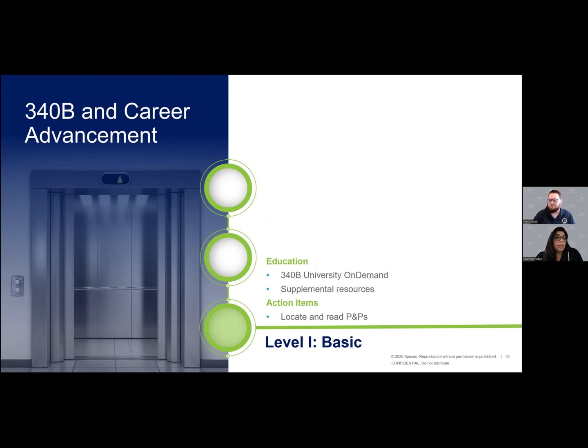Our 340B University on Demand is the biggest resource for intro level, but we also have several pieces of supplemental education that can help teach you about the specific entity types, requirements specific to entities, and provide highlights for specific operations. Something that you can do at this introductory level would be to locate your entity's policies and procedures and read through the manual and familiarize yourself with this document, which will really help you understand the 340B program at your institution, what the structure is like, and hopefully why certain procedures are in place.